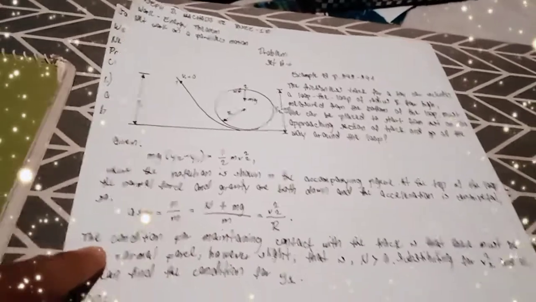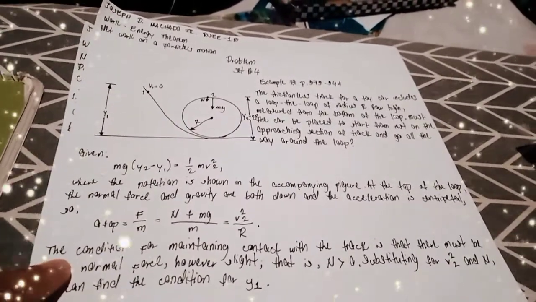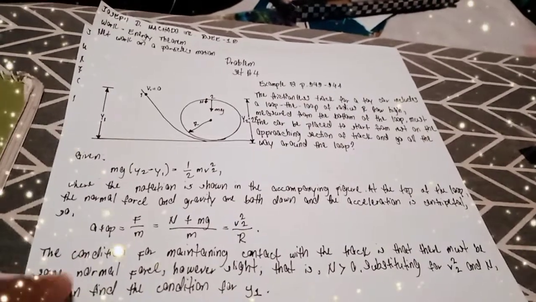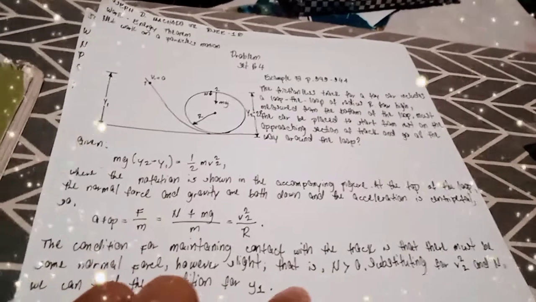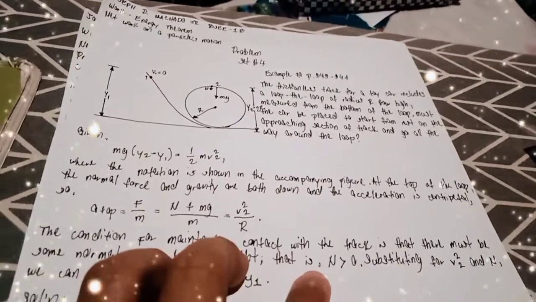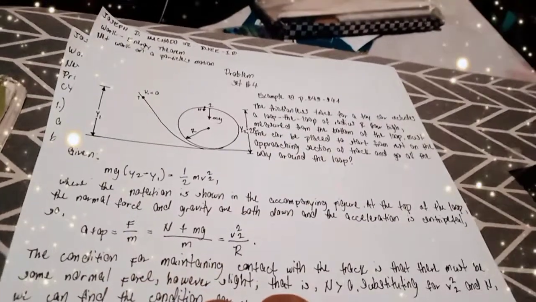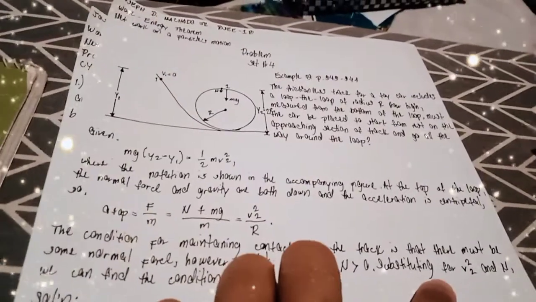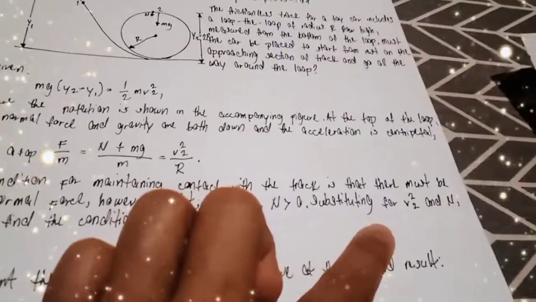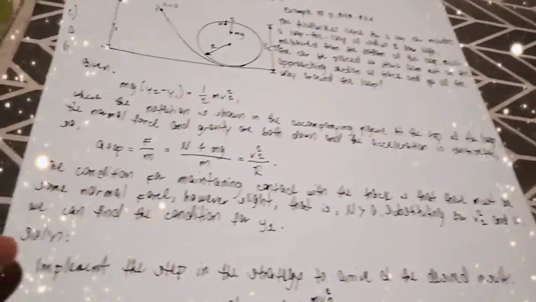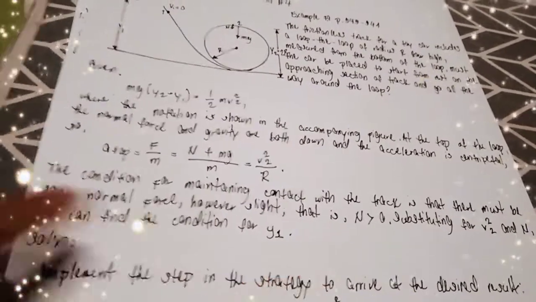The condition for maintaining contact with the track is that there must be some normal force, however slight, that is n greater than 0. So we substitute for v square and n. We can find a condition for y sub 1.